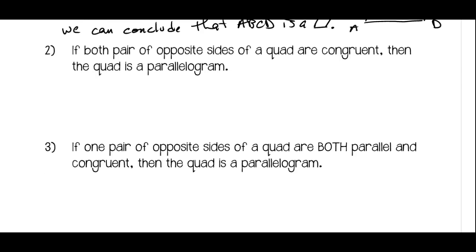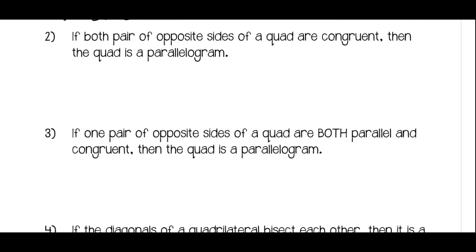Second method: if both pairs of opposite sides of a quadrilateral are congruent, again notice it says both pairs, and in this case they're going to be congruent, then the quadrilateral is a parallelogram.